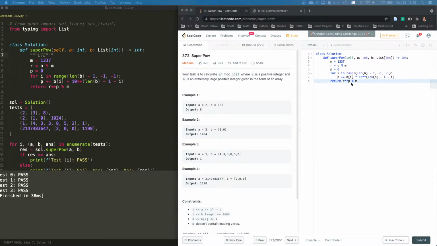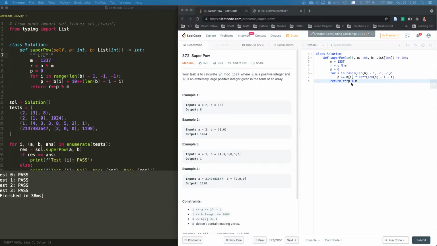It becomes a problem of R squared. But what if it's not divisible by 2? Well, let me think.